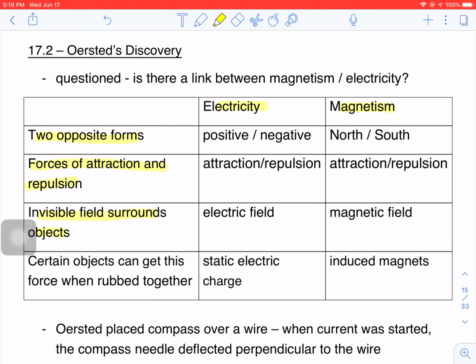And then lastly, and maybe not quite as related, he said if I rub two objects together, I can generate some of this stuff. And ultimately, we know that for static electric charge from chapter 15, but the same thing happens with a magnet.